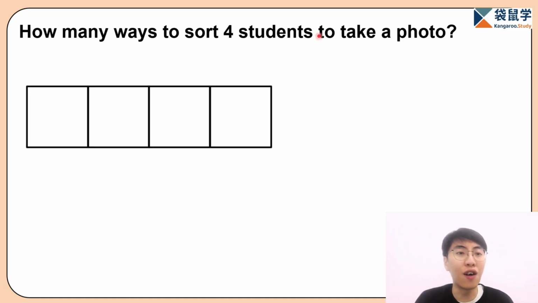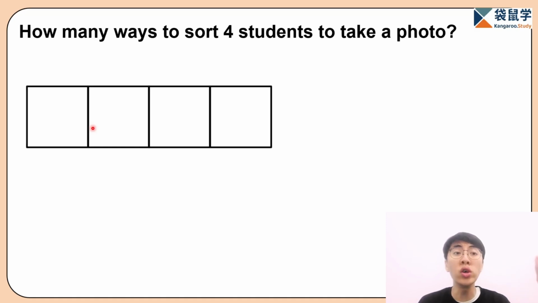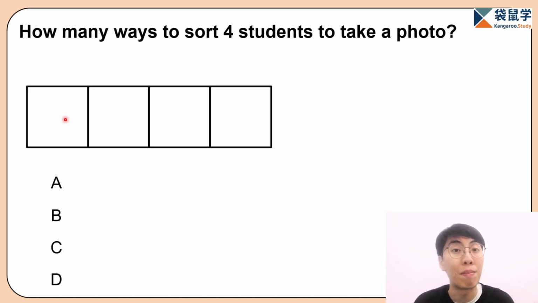And for these 4 seats, let's take a look at the first seat over here. If we say that these 4 students are named A, B, C, and D, who can sit at the first seat? Of course, it can be A, B, C, or D. All 4 of them are possible.